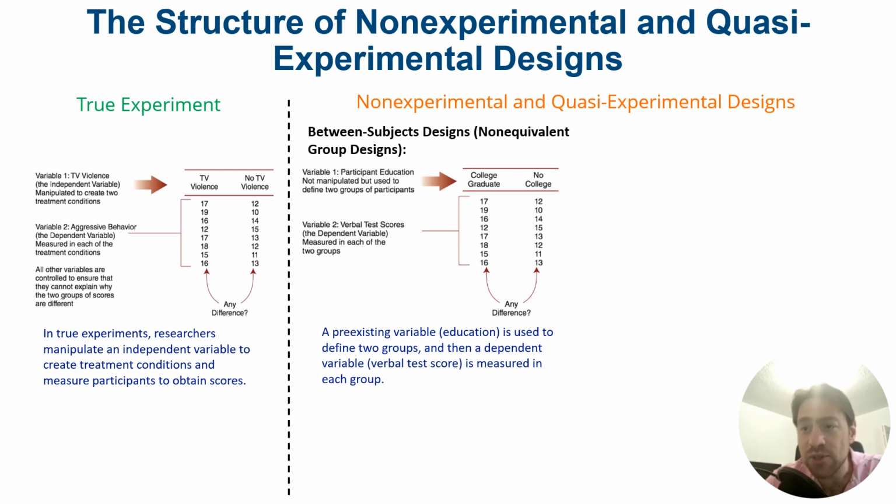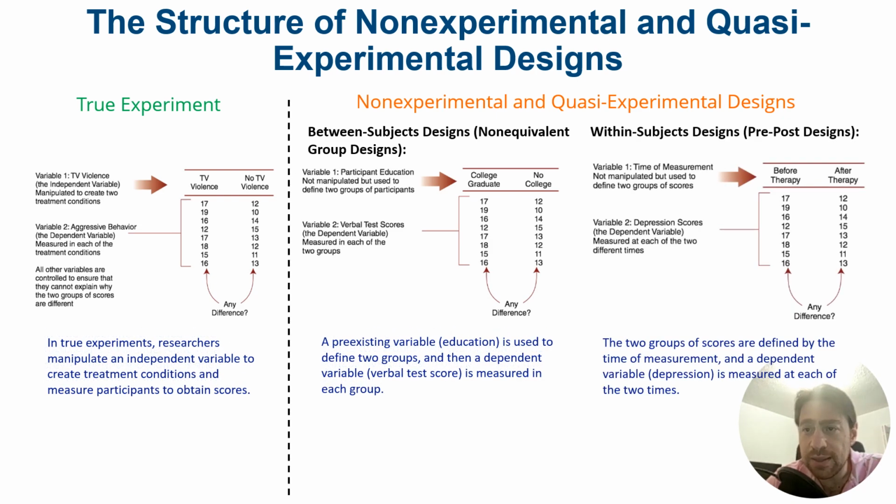So in this case, the groups are defined by a participant variable, college or no college. So this is an example of what is called a between subjects non-equivalent groups design, which compares pre-existing groups of individuals who have not been randomly assigned to these conditions.